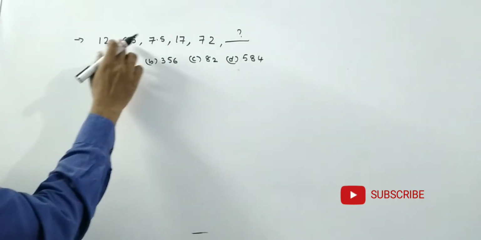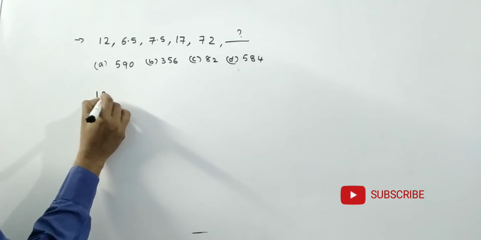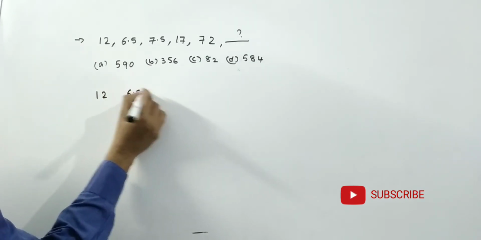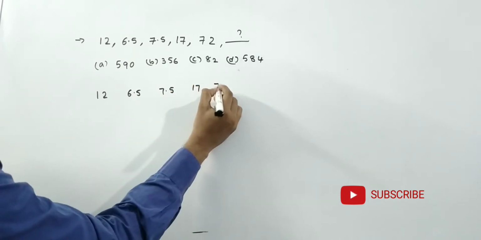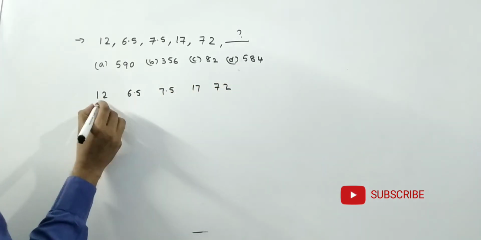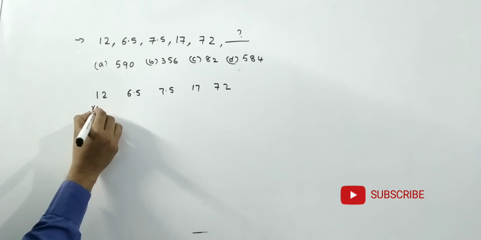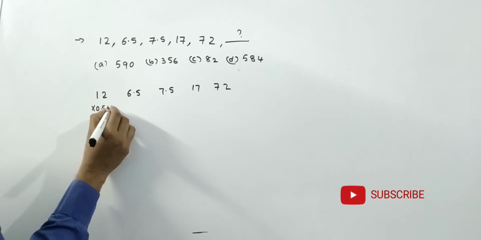See friends, 12, 6.5, 7.5, 17, 72. What has he done? He has done 0.5 plus 0.5.